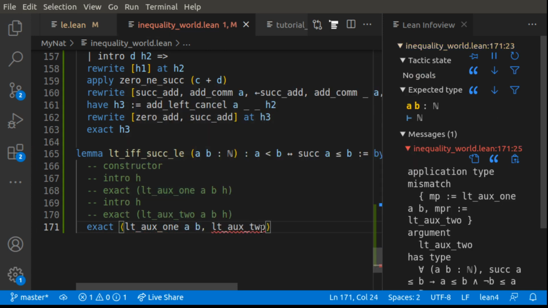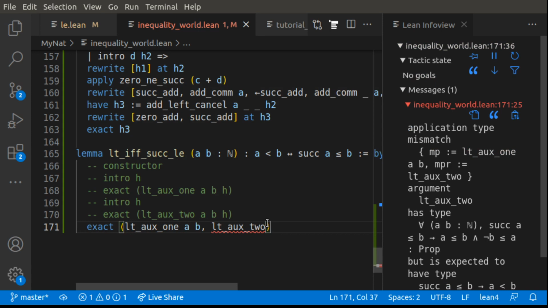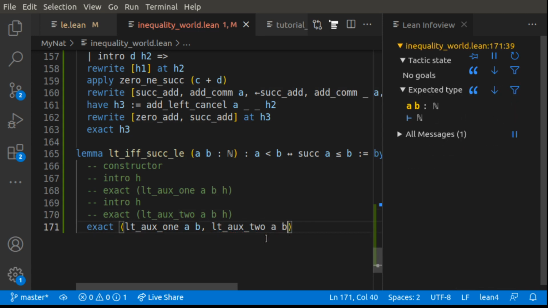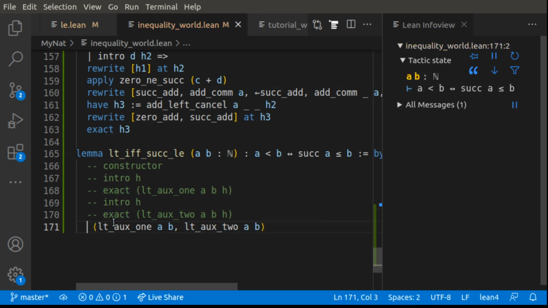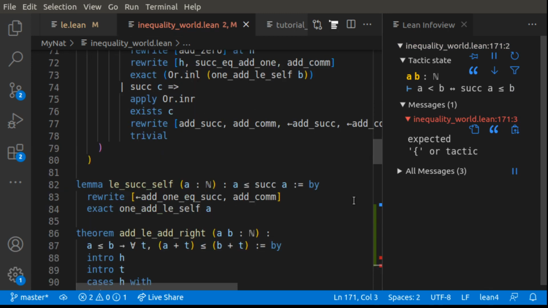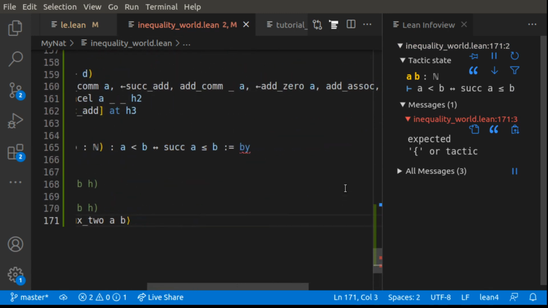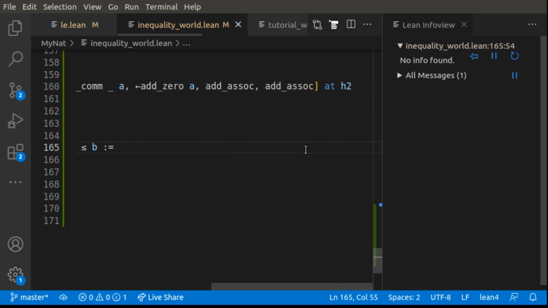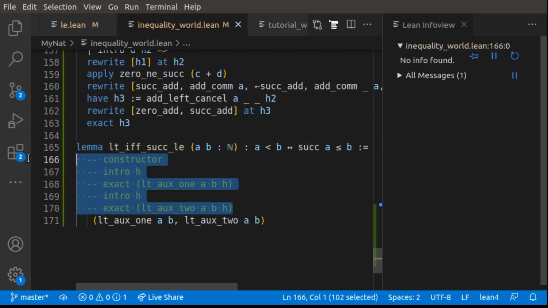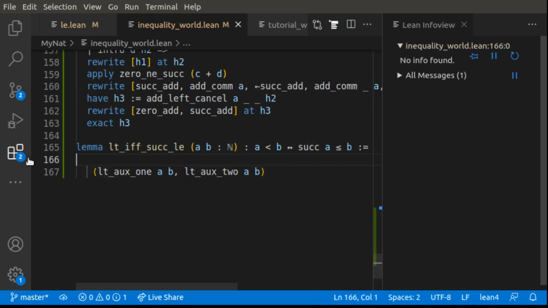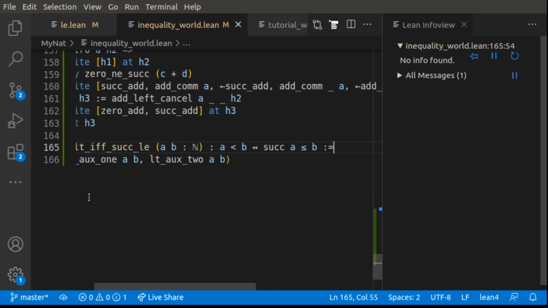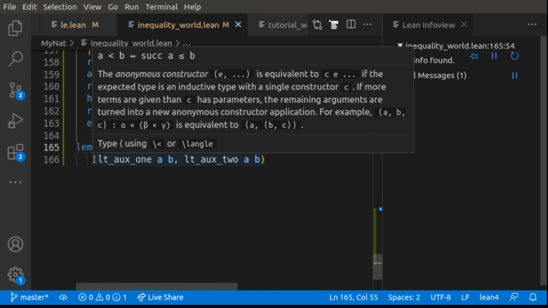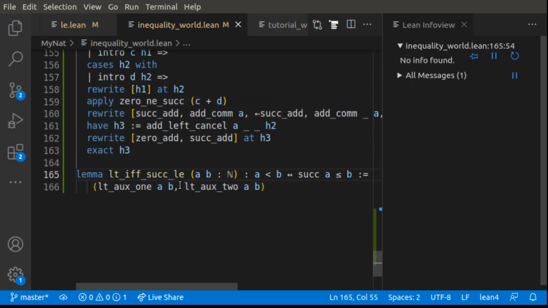A, B, A, B. Nice. And then since we're using exact here, I think we just do this without the by maybe. Does this work? Not sure if this will work. Yep, that'll work. Okay, so this is the same thing as the other way. We just prove it like this with the anonymous constructor, and we just provide both definitions. Great, and that solves the inequality world.